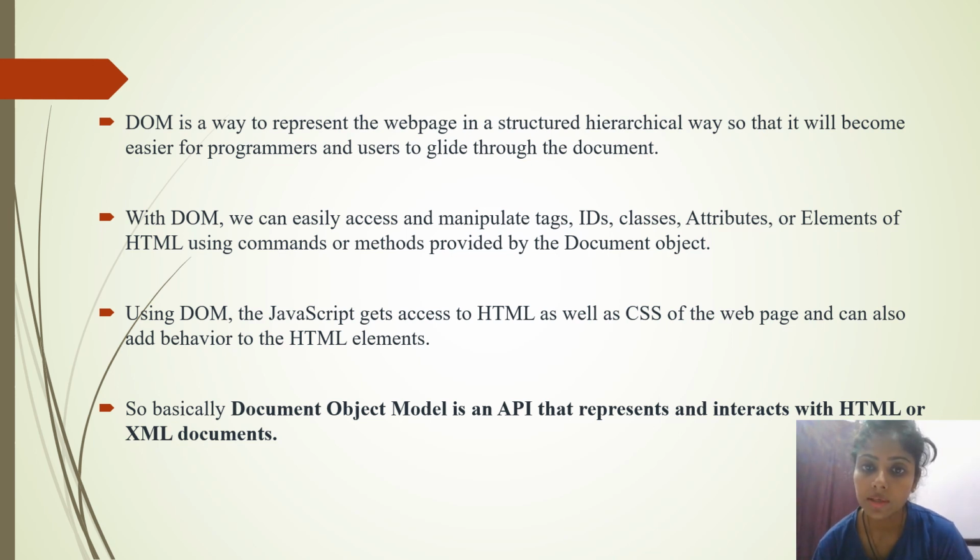These all come under the tags, IDs, classes, attributes or elements of HTML, using commands or methods provided by the document object. Using DOM, JavaScript gets access to the HTML as well as the CSS of the web page and can also add behavior to the HTML elements. So basically the document object model is an API that represents the interface with the HTML or XML document.